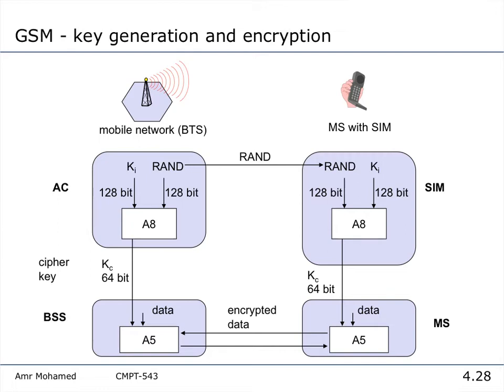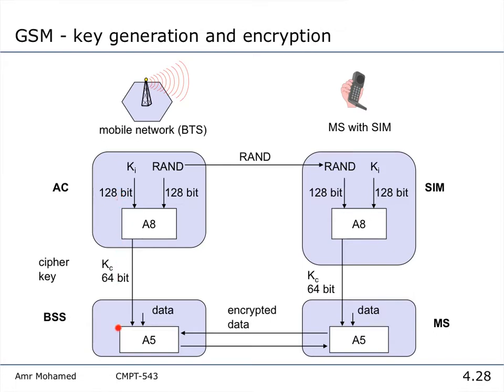The way we do that is, again, by sending a random number from the authentication center or the access control component, and then both of us will apply, not A3 here, but A8. Both of them are secret. And the outcome here is not a signed response. The outcome here is a cipher key, which can be used by the PTS and the mobile station.